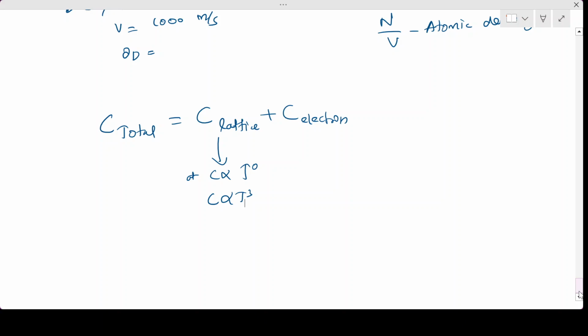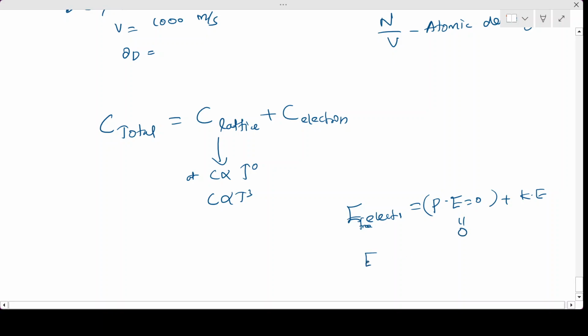The free electron only has kinetic energy, so the energy will be 3/2 kBT for a free electron. It does not have 3 kBT. When you consider the electron case, the internal energy of a free electron has potential energy, which is 0 for a free electron, plus kinetic energy. So a free electron only has kinetic energy.